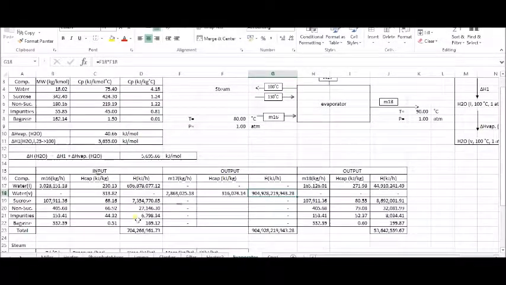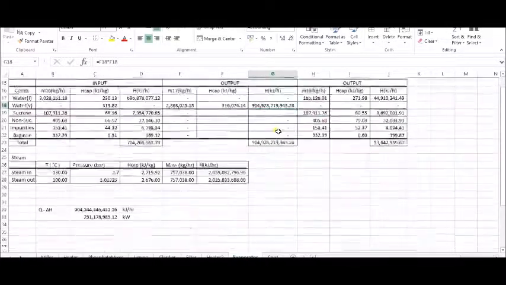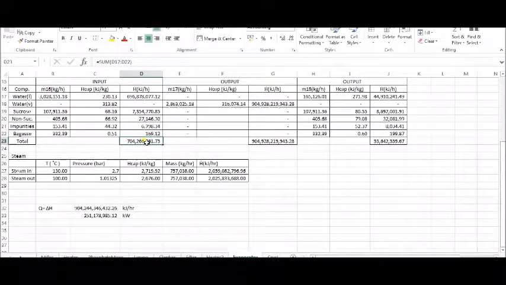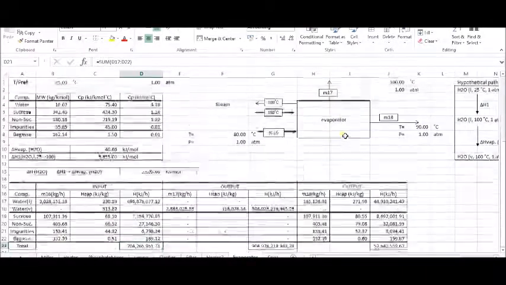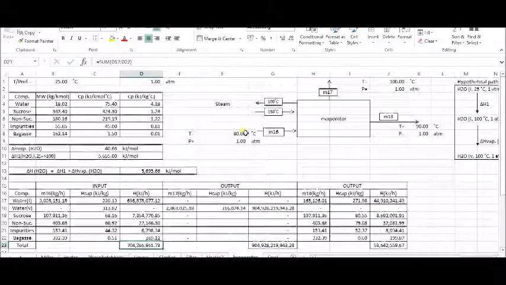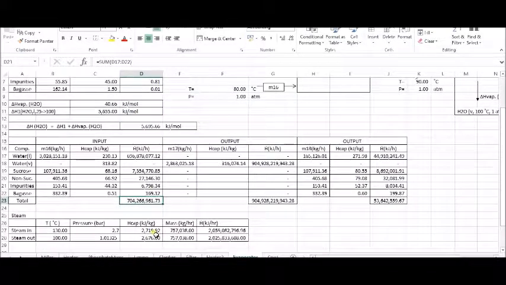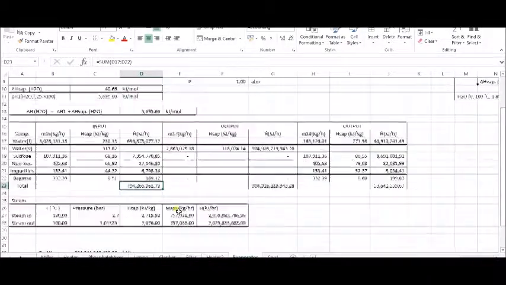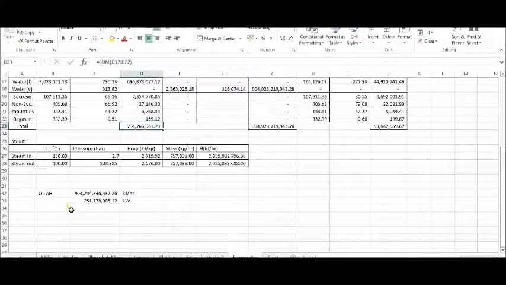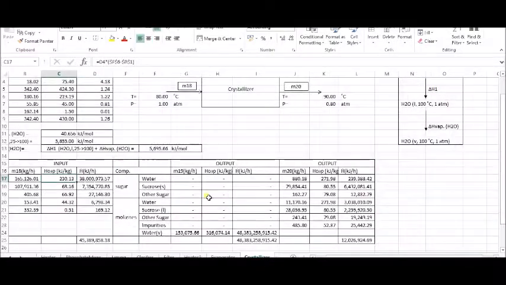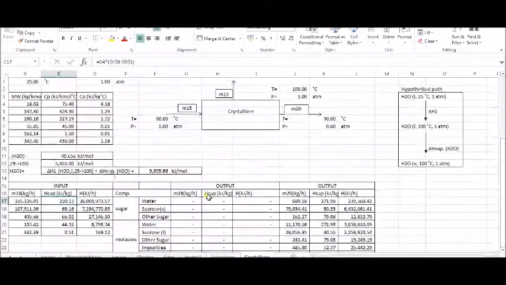The other one, we just do as usual, and we have the H dot. So we add all, and also we have steam here. We just get the H cap steam from the steam table, and we add it all, and we will get 251 million kilowatt.